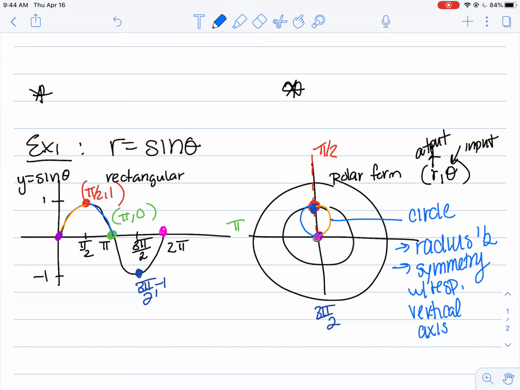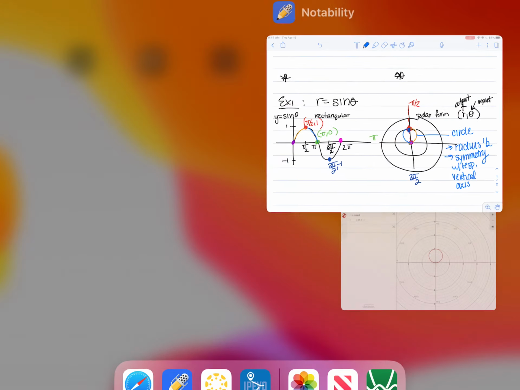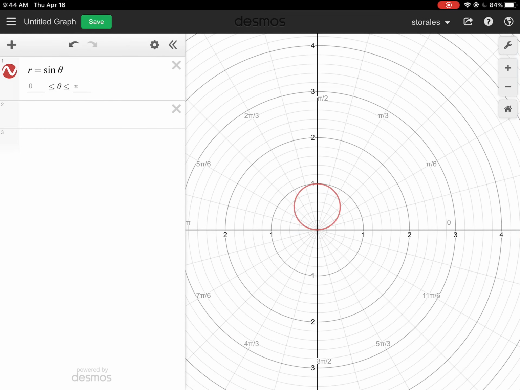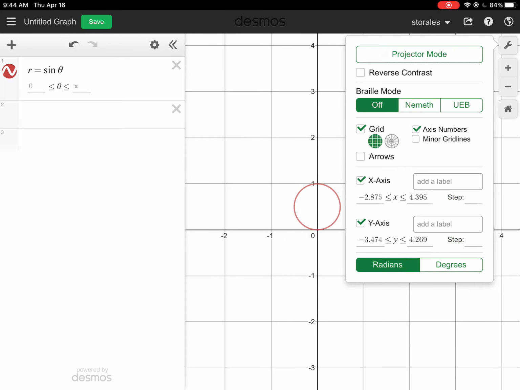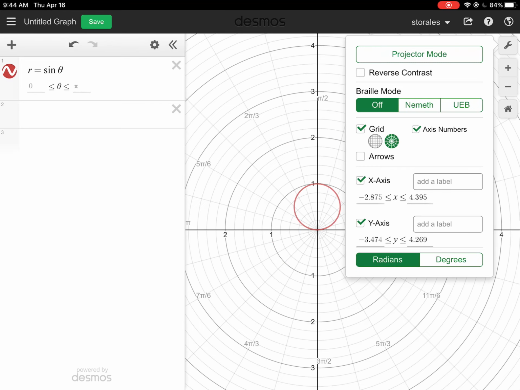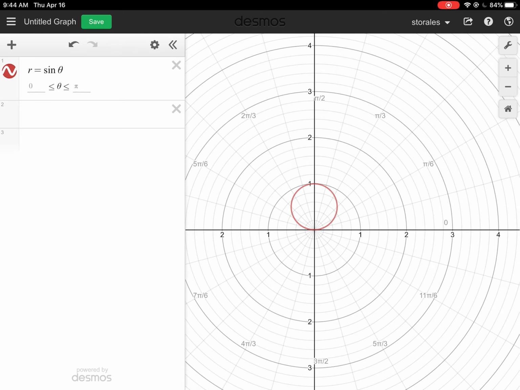If you want to try this on Desmos or a graphing calculator, you may. So I did that. Here is r equals sine theta. I just typed r equals sine theta, and on the tools, I made sure I hit polar, not rectangular, but polar graph. That way I can see what that looks like.